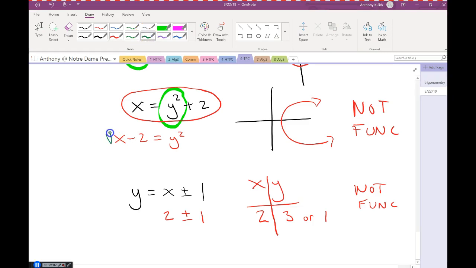Square root both sides. But remember, what happens when we square root both sides of an equation? We get a plus or minus. And now all of a sudden it should be relatively easy to see that if you pick a single x, you're going to get 2 results because of that plus or minus, right? Just like what happened before. Did you guys notice that?